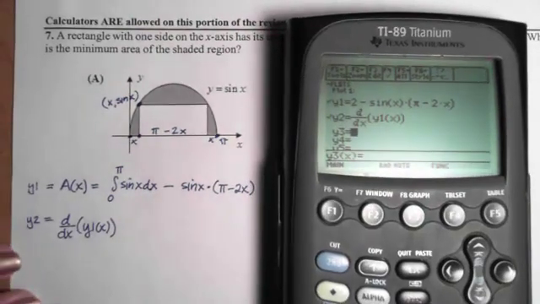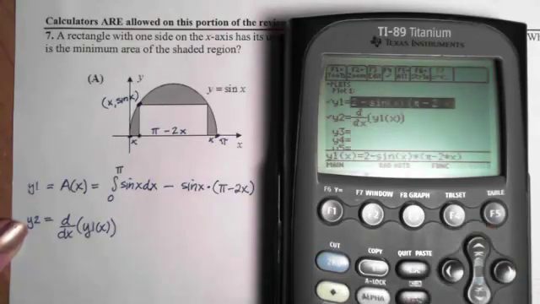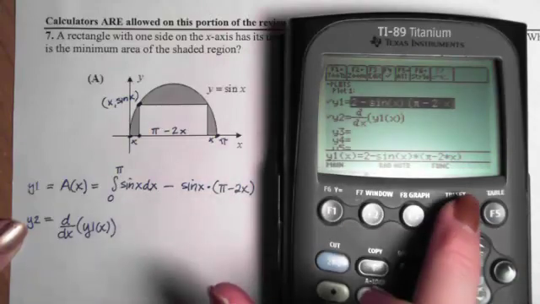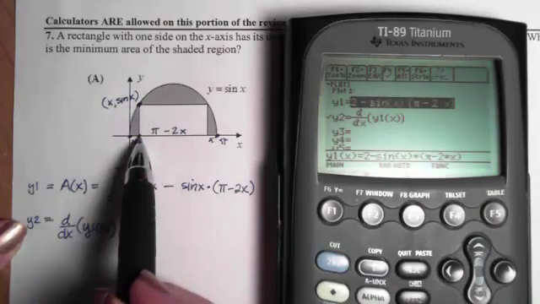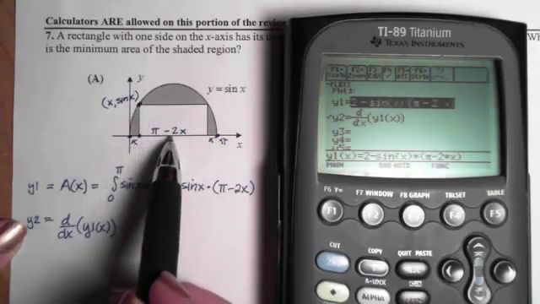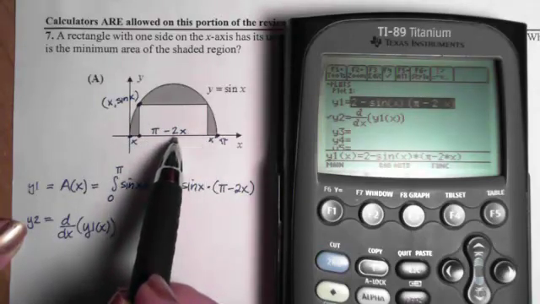Now I'm interested in knowing when the derivative function equals 0 and changes from negative to positive. So I'm going to graph just y2. So I'll arrow up to y1 and turn it off using F4. And then I'm going to set my window. If we go back to my picture, I know the biggest that x can get is pi over 2 before I run out of rectangle, because that means this x is going to be coming toward the center at the same time.